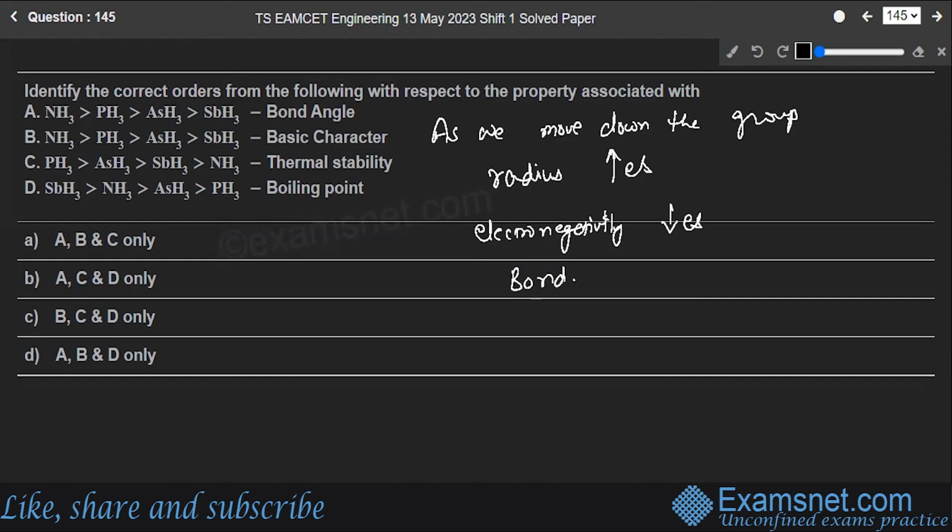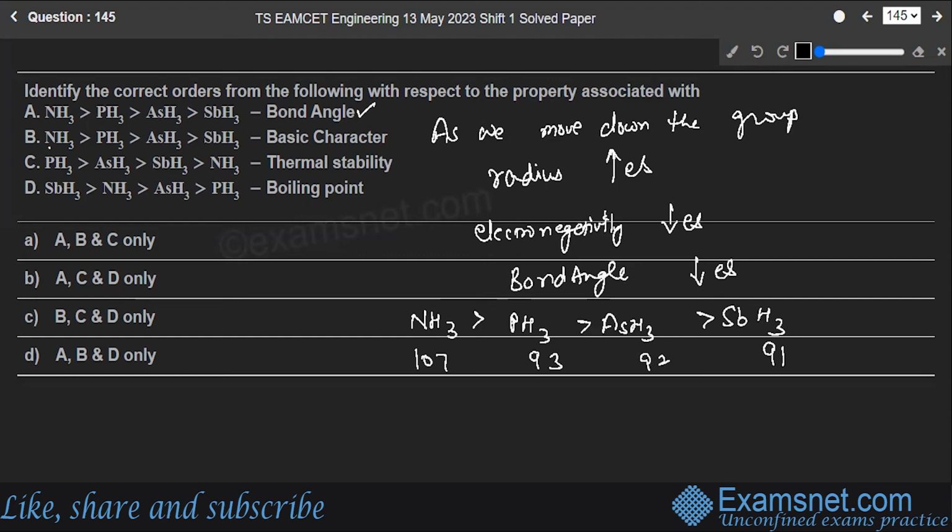So the bond angle also decreases. Therefore, NH3 has the highest bond angle, followed by PH3, AsH3, and SbH3, with bond angles of 107, 93, 92, and 91. So the first one is the correct one.